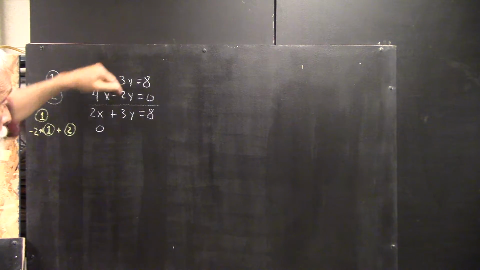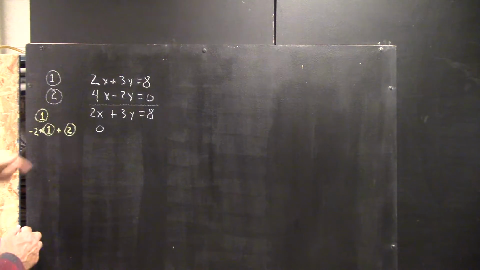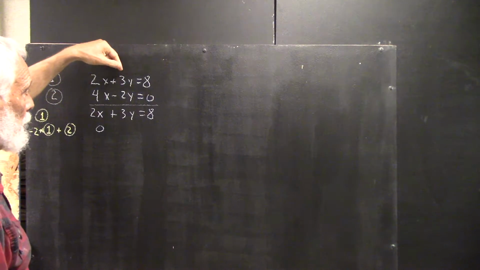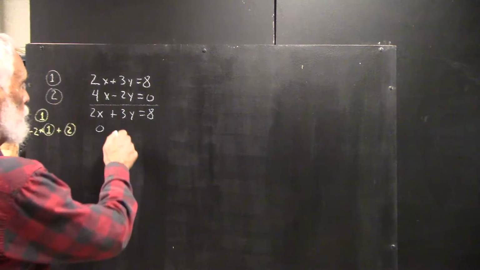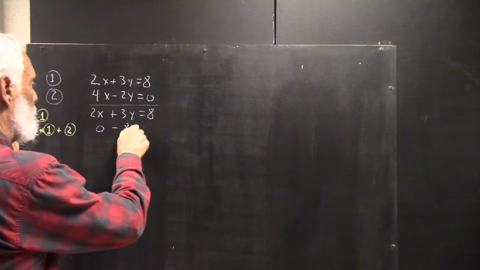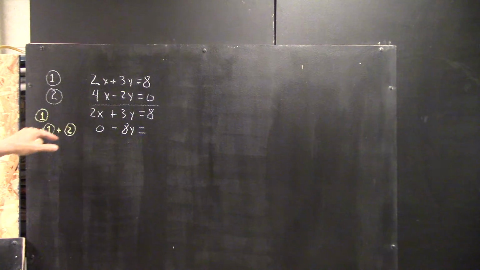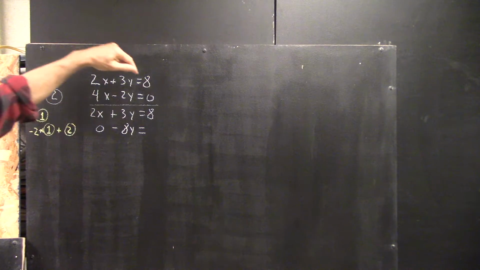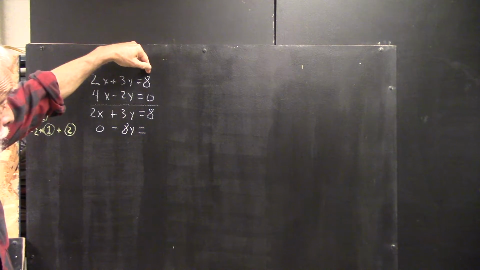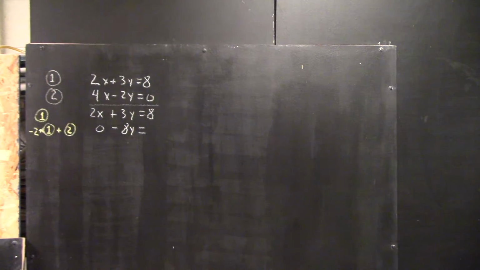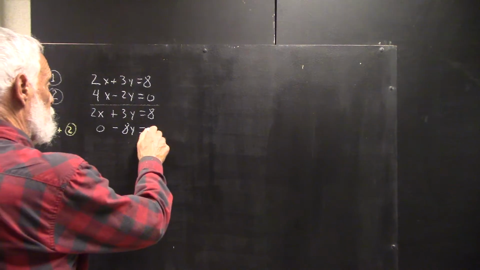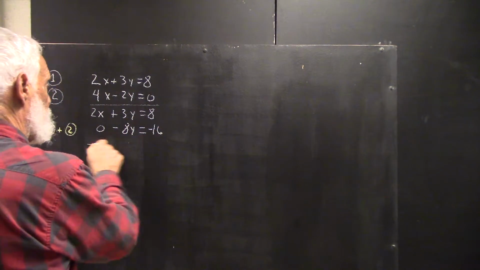Add that to negative 2, I get negative 8y, since I'm adding the negative 6y to the negative 2y. And that equals what? Negative 2 times the first plus the second. Negative 2 times the number here is negative 16, and the other number is 0, so I get negative 16.